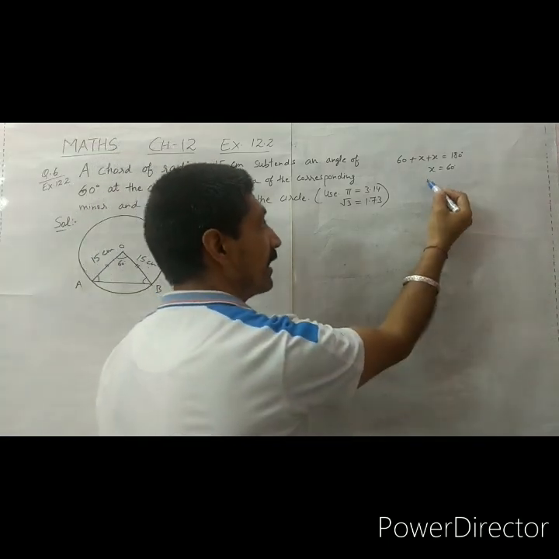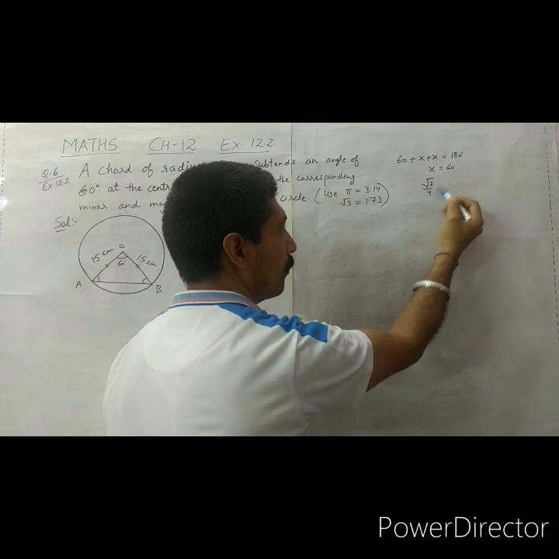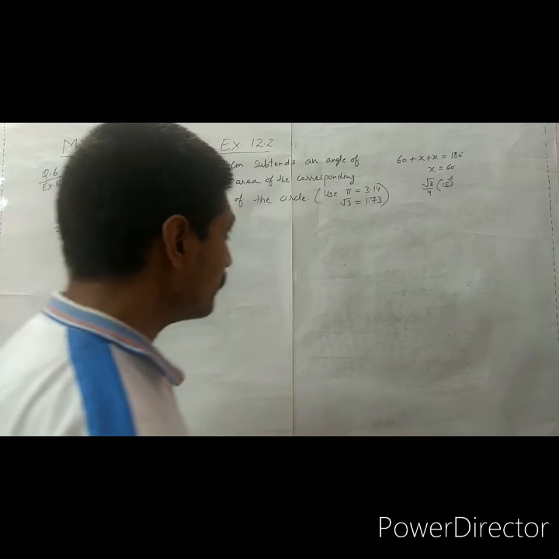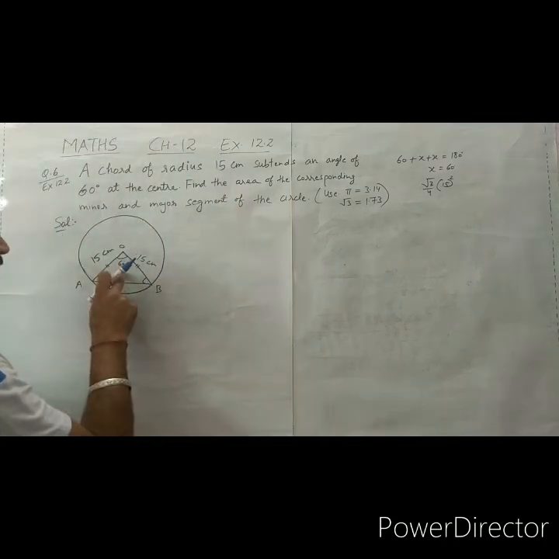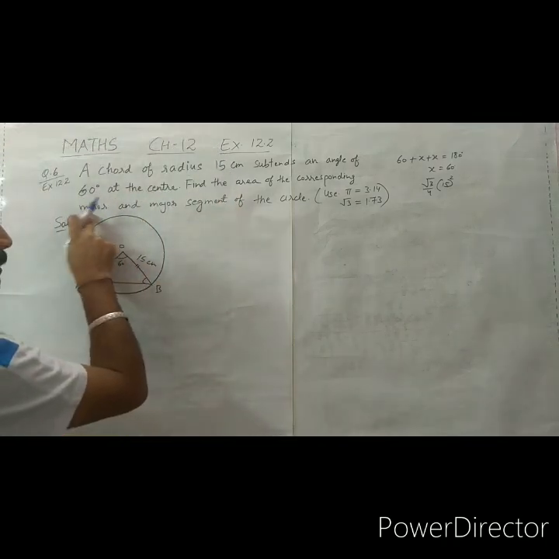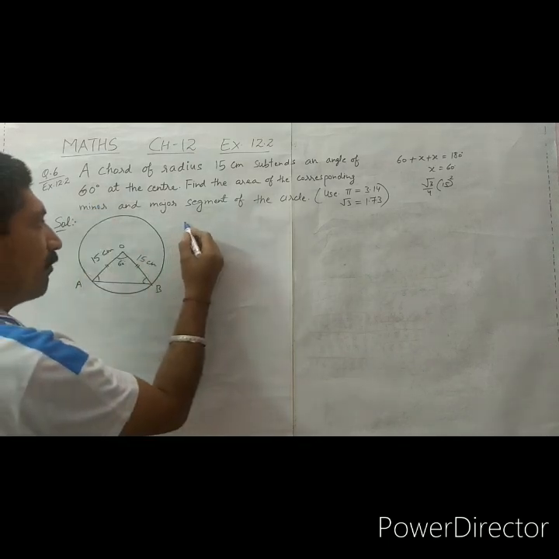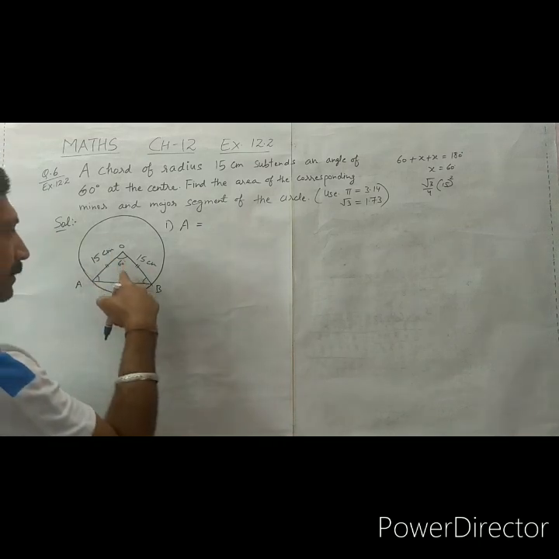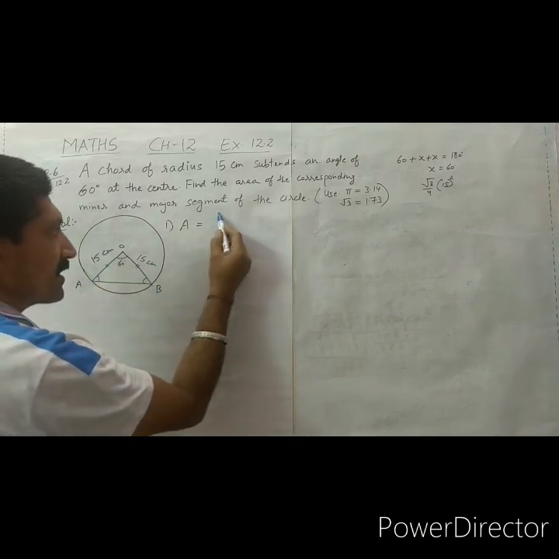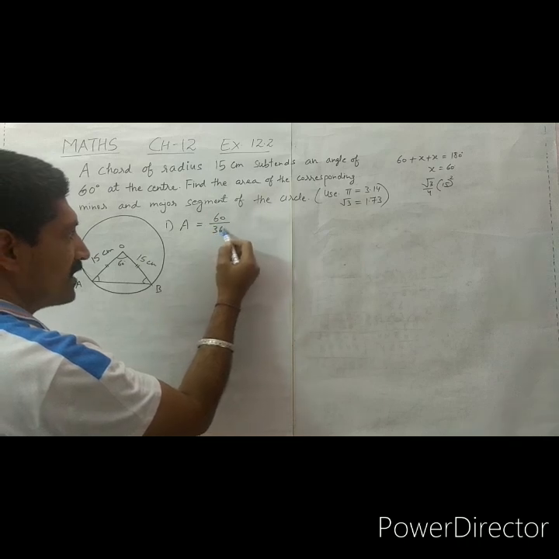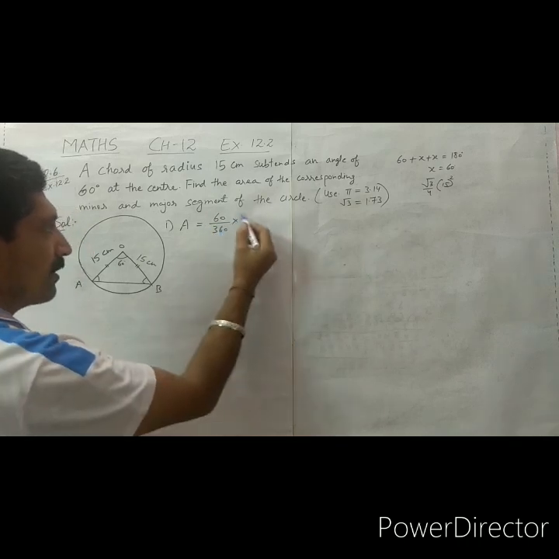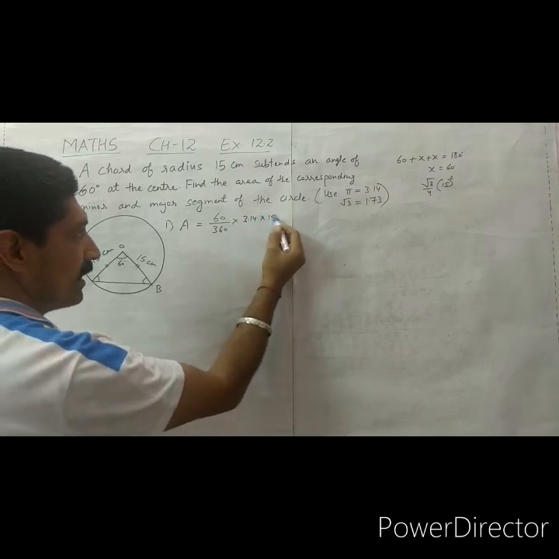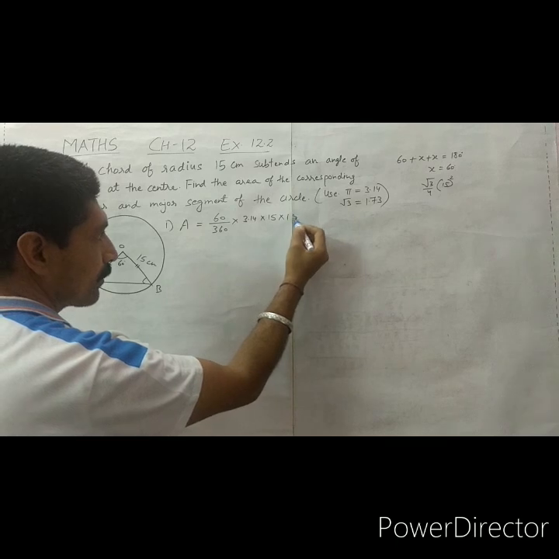So area of an equilateral triangle is always root 3 upon 4 times side squared. Here the side is 15. So first we want to find the area of the minor segment. The area of the minor segment, first part, is equal to the area of the sector minus the area of the triangle. The area of the sector is 60 upon 360 into pi r square, pi is 3.14, r here is 15 into 15.